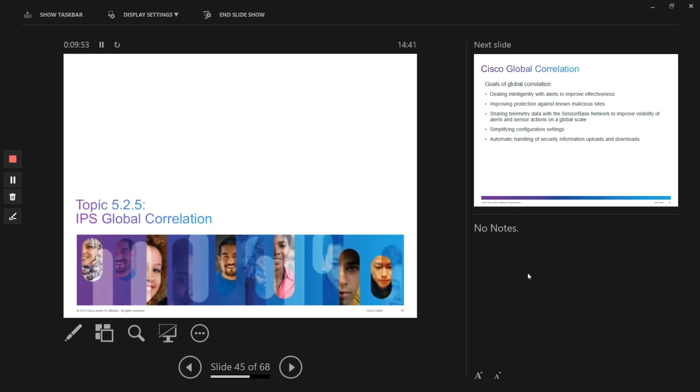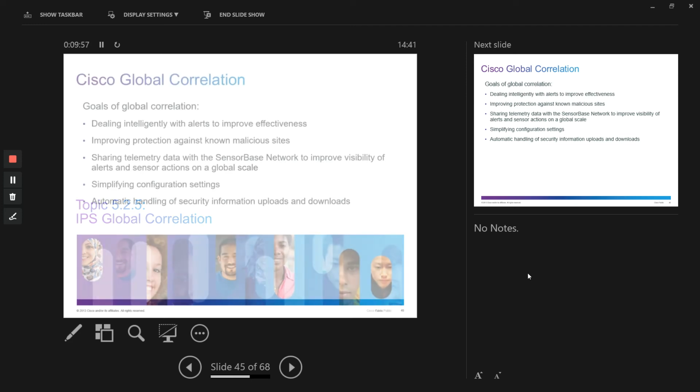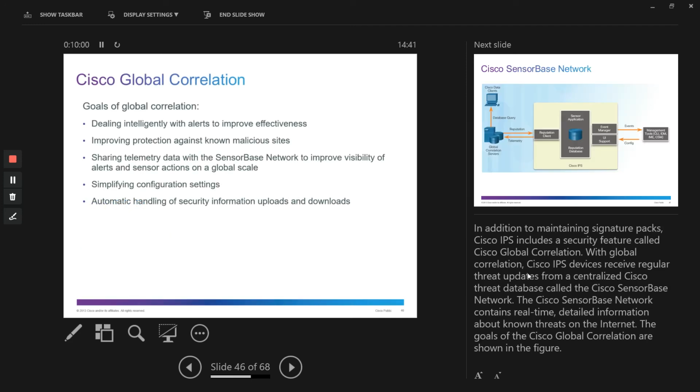Now we can go to the next session, 5.2.5 IPS Global Correlation. In addition to maintaining signature packs, Cisco IPS includes a security feature called Cisco Global Correlation. With global correlation, Cisco IPS devices receive regular threat updates from a centralized Cisco threat database, which I mentioned before as well. It's also called the Cisco sensor-based network.